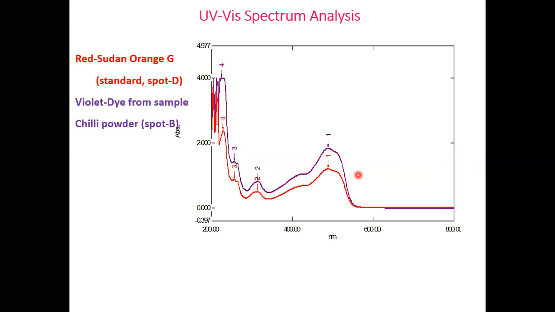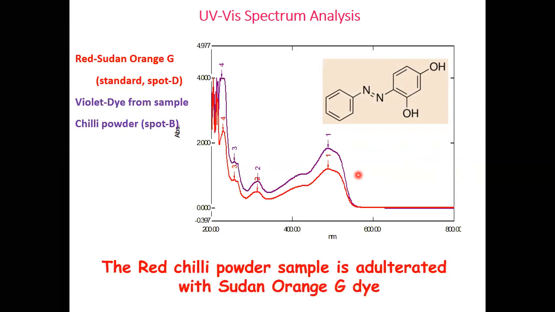Red indicates the dye present in the standard compound and violet represents the dye present in the sample chili powder. Here you can see the shape of the spectrum and the value of lambda max is exactly the same. So we can say the sample red chili powder is adulterated with Sudan orange G dye.